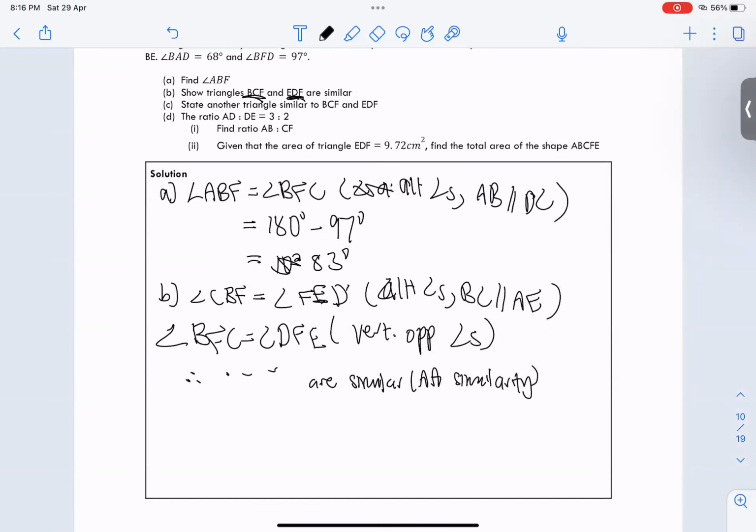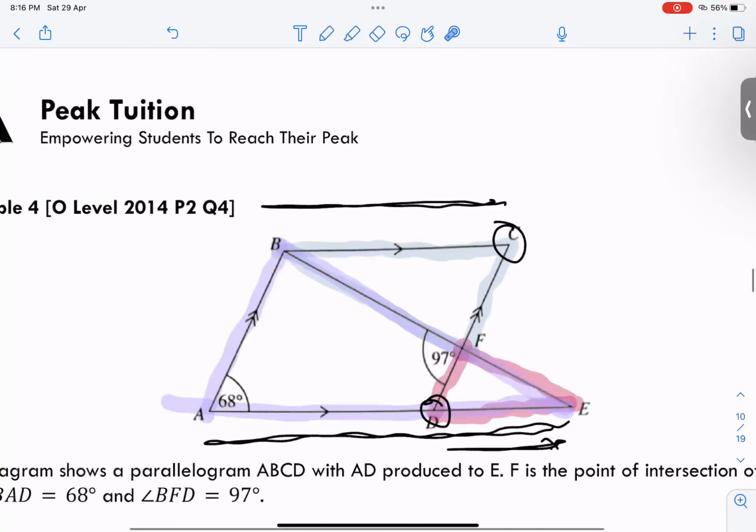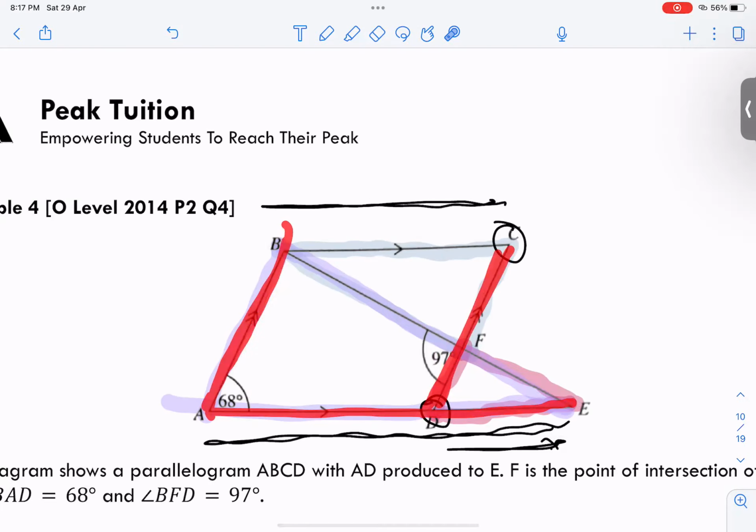Then the next part, show another triangle similar to this. So over here, you also use the angle similarity. Then this one you can do parallel lines. Then you see corresponding angles, so you know these two angles are the same. Then after that, they share one angle, this angle.